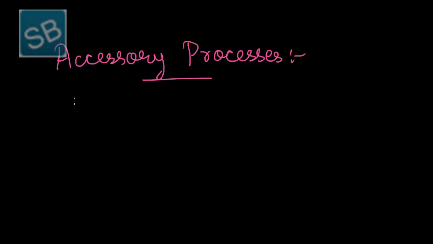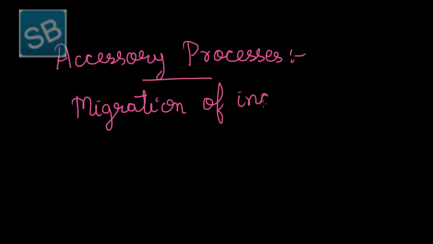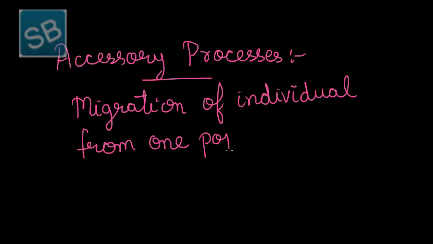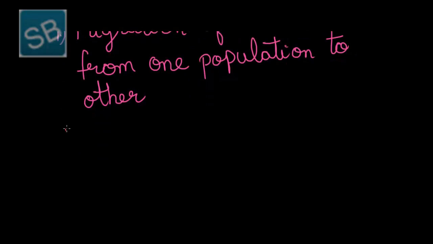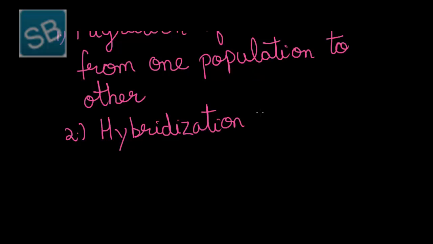These two processes involve migration of individuals from one population to another, and the second process is hybridization, that can be either between races or species.